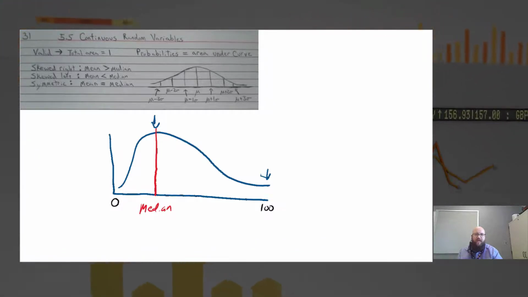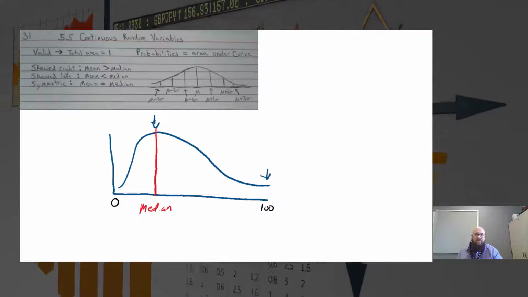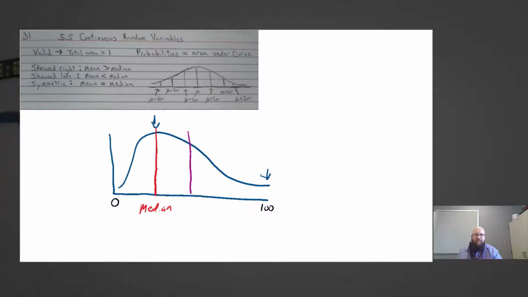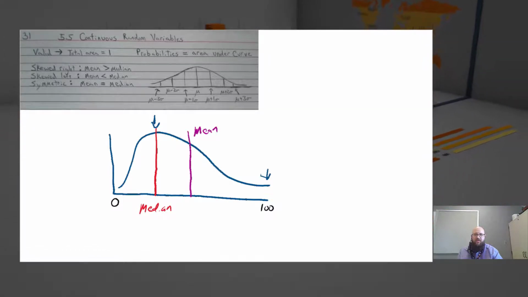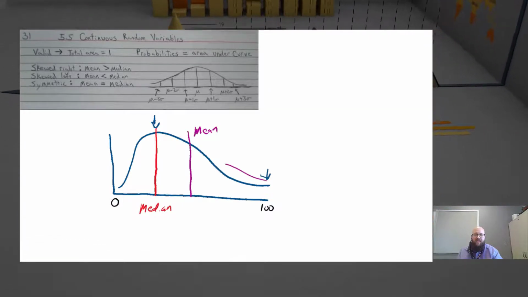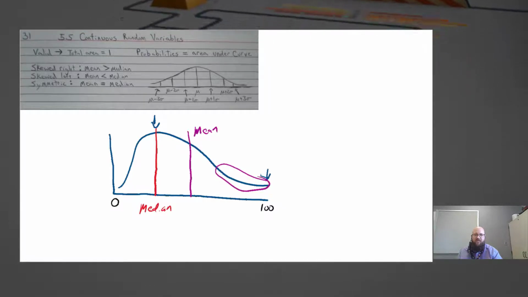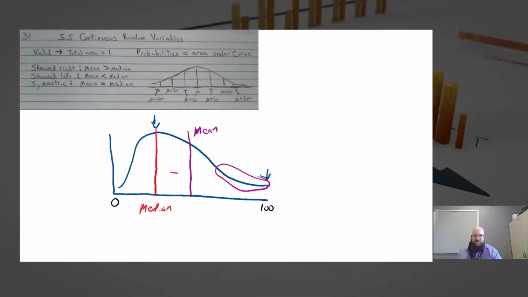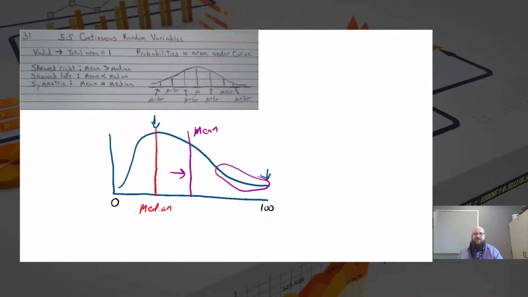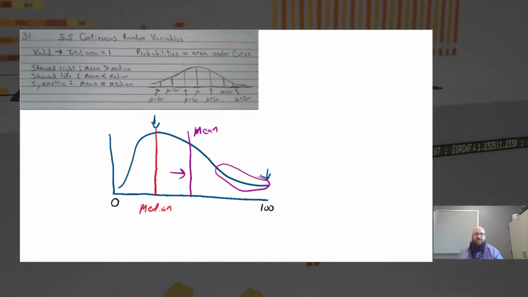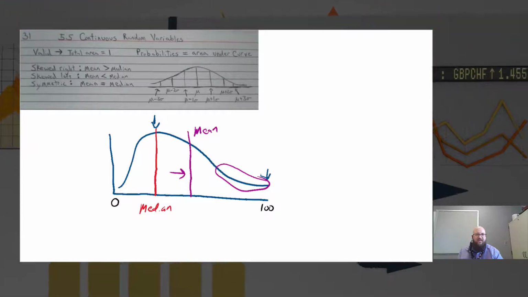So it's going to pull that mean somewhere over here. That's going to be your mean. So these higher numbers, this tail here, is pushing the mean that way, getting away from the median, because you have these values at the higher numbers. So it makes a little bit of sense.